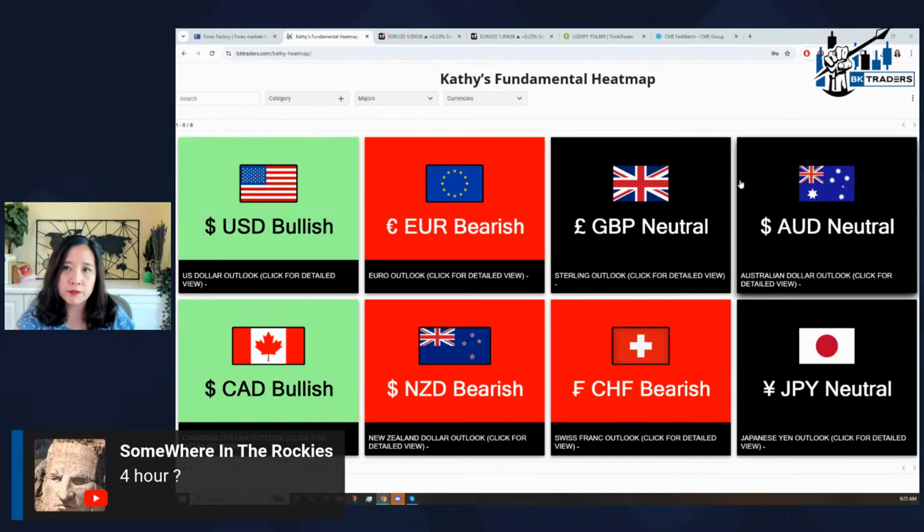So the market is neutral. I'm neutral pounds because there's a very interesting development in pounds. On the one hand, data hasn't been that great. On the other hand, they announced a huge budget.